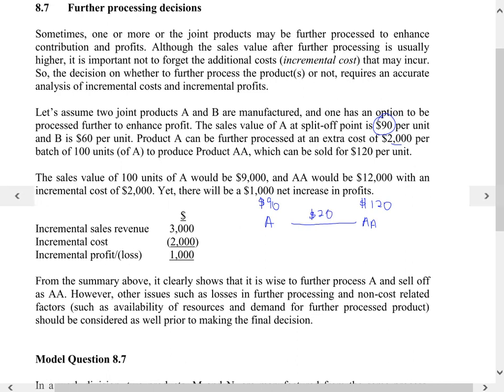Yeah, you look at incremental revenue is 30 per unit, 120 minus 90. Increase in revenue, but my cost also will increase by 20. But still okay. It means we make a profit of 10 for every additional unit. The answer here is 1,000 because it's based on 100 units, one batch. Okay. Done.